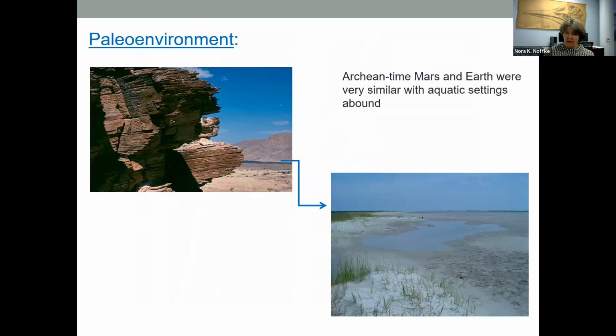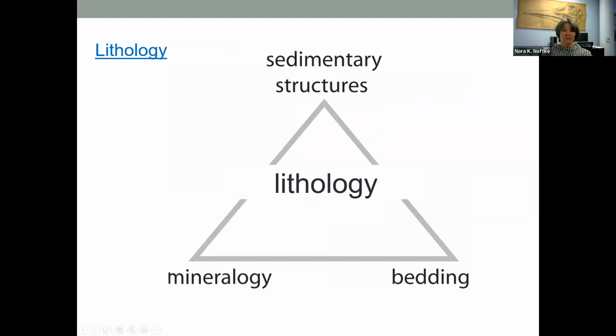With respect to paleoenvironments, I mentioned this before, wherever there is water, there can be a biofilm or a microbial mat. And clearly on Mars, aquatic settings abound, fossil ones. With respect to lithology, lithology is defined by sedimentary structures, mineralogy, as well as bedding character.